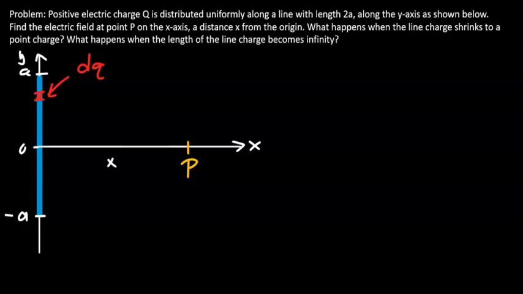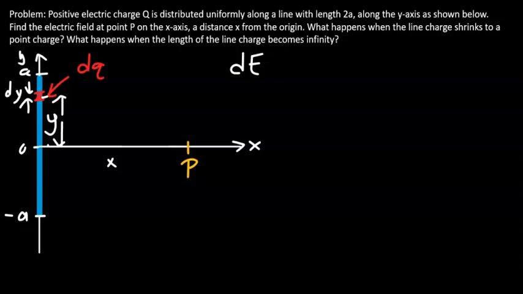Let's also assume that the length of this very small element is dy. The position of this element is y measured from the origin, so that is the coordinate of this element: 0, y.